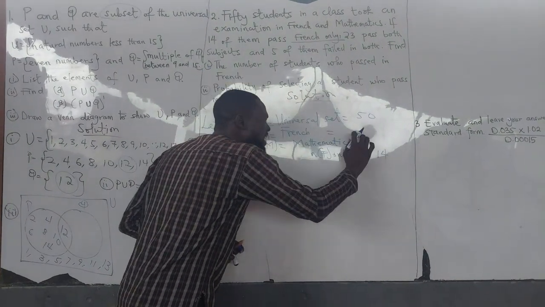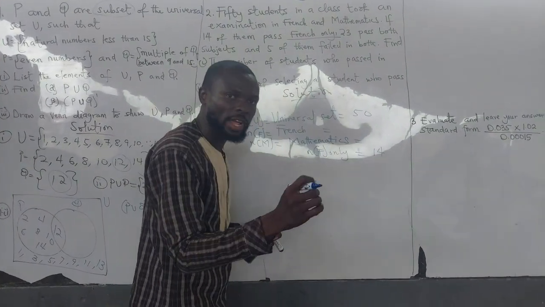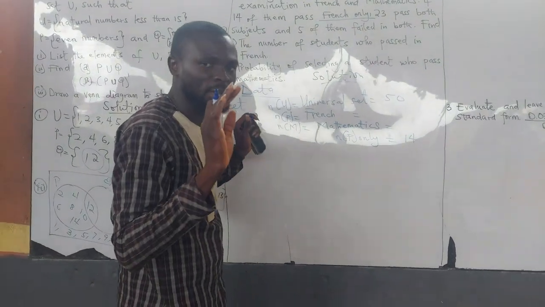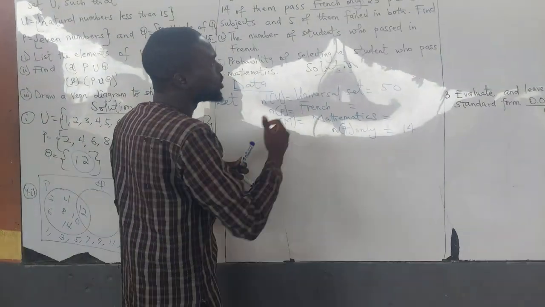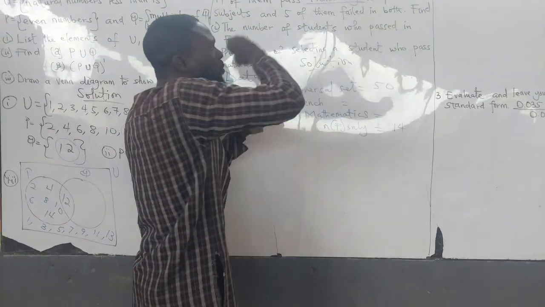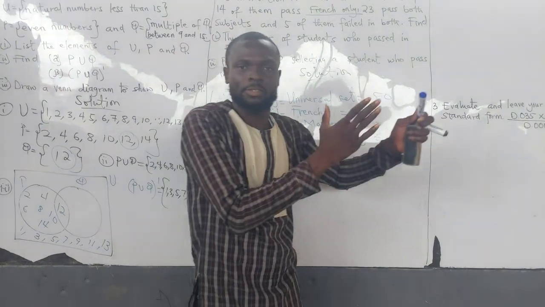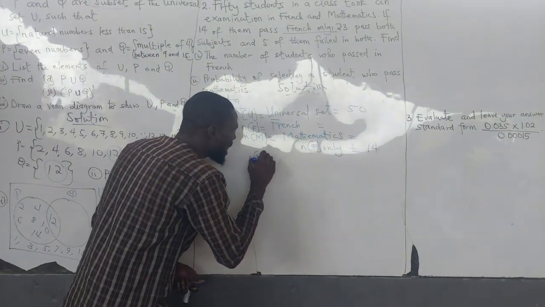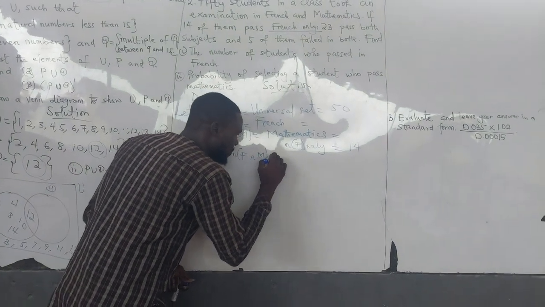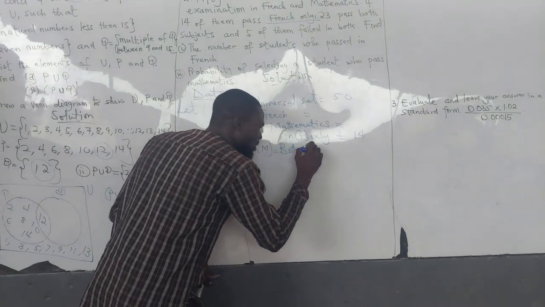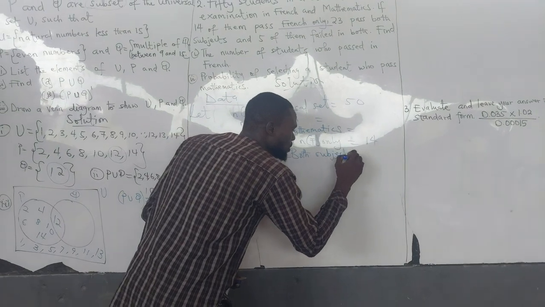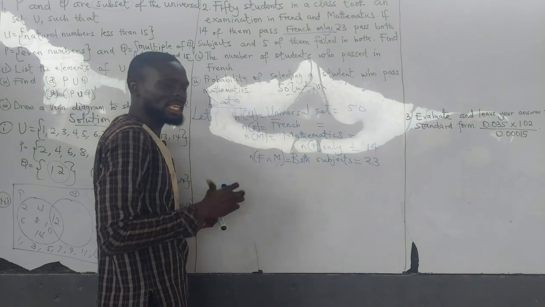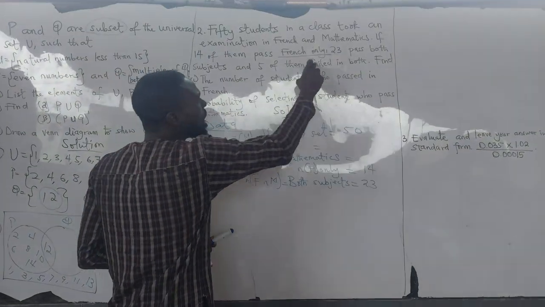We have not been given the number of students who passed French, nor the students who passed mathematics. Now when you continue, it says 23 passed both subjects. So those who passed French and passed mathematics, which is F intersection M, is given as 23. Is there a complement? 5 of them failed.